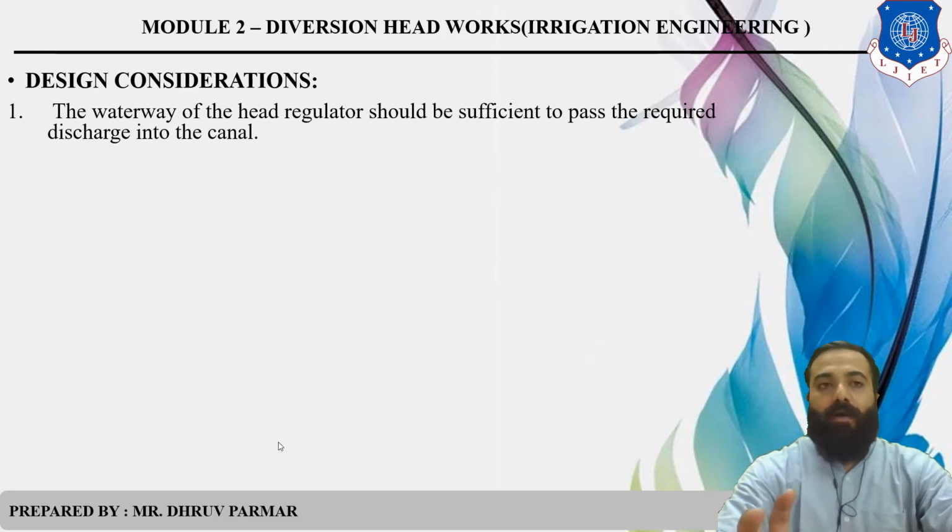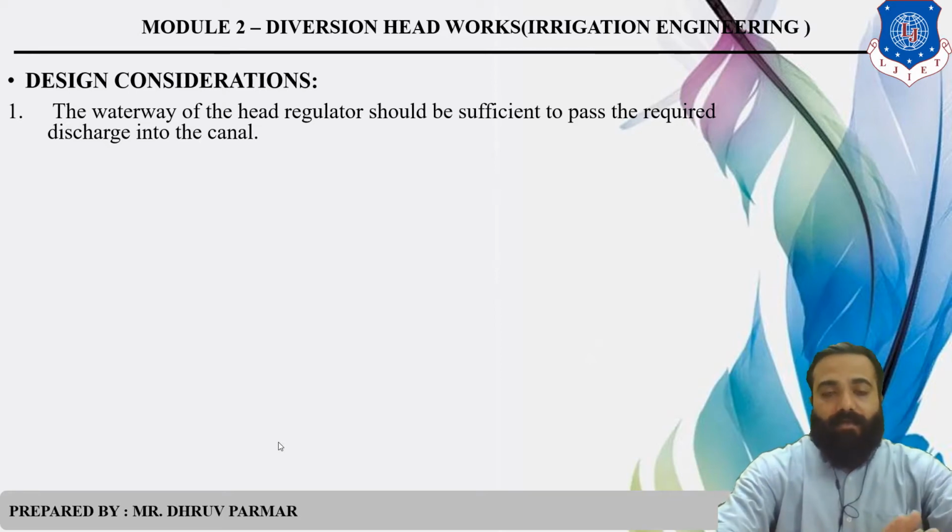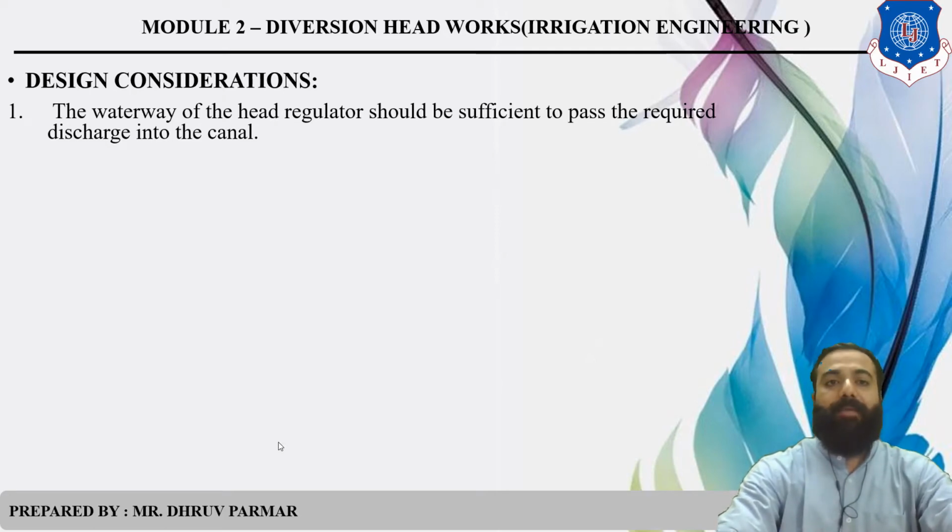For example, if the waterway of CHR is 2 meter, clear? But the canal requires 3 meter, then CHR has failed at that time. Clear? So the length, or we can say the waterway, is the same for CHR as well as the canal.